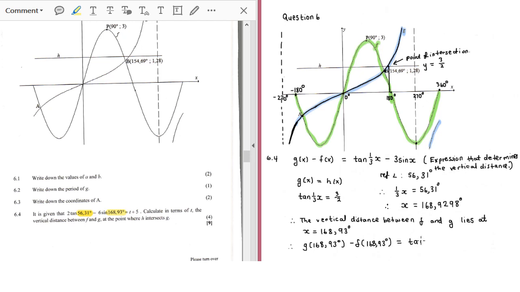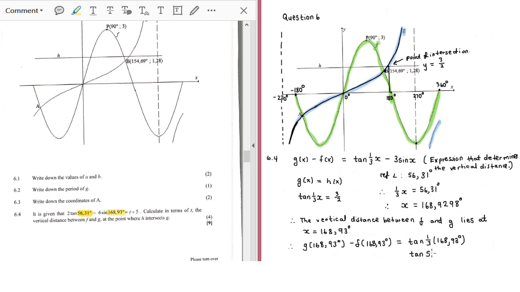On the other side, that's the tan of 1/3 times 168.93 degrees, but this 168.93 is basically x, so this is just 1/3 of x, and we know what 1/3 of x is.